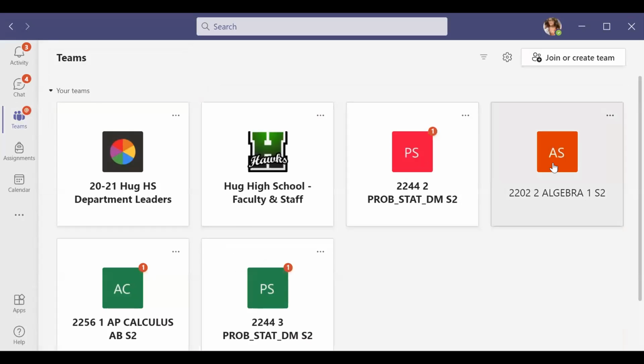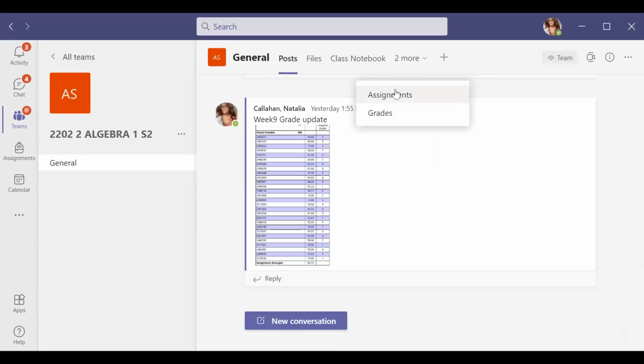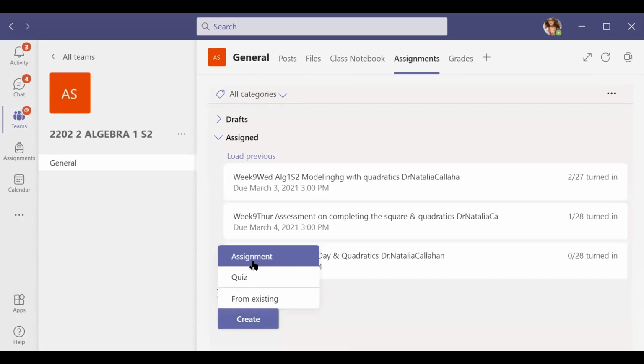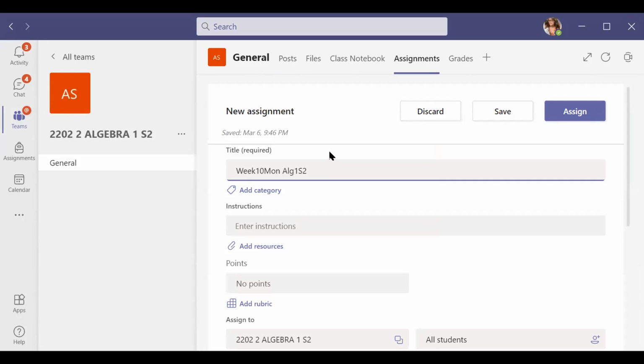Okay, now what we're going to do is we're going to go ahead and add your assignment for Monday. So this is for week 10 Monday, Algebra 1, Semester 2. And our topic of discussion is going to be on solve using completing the square.